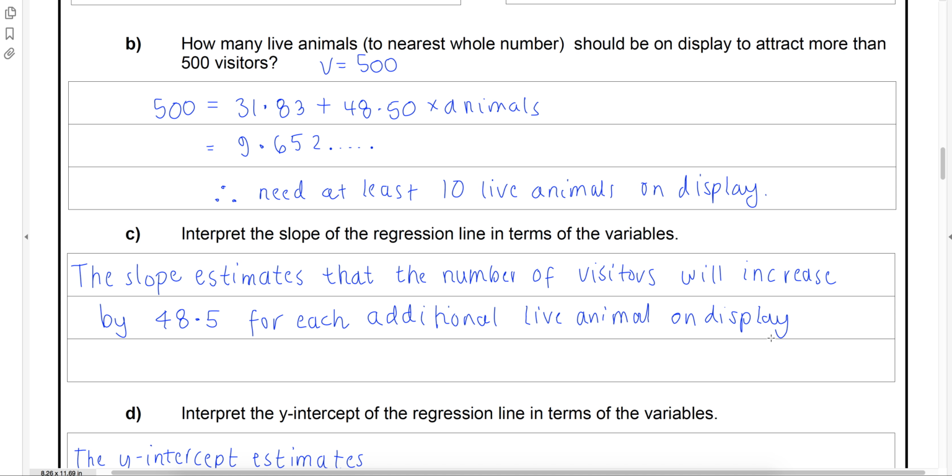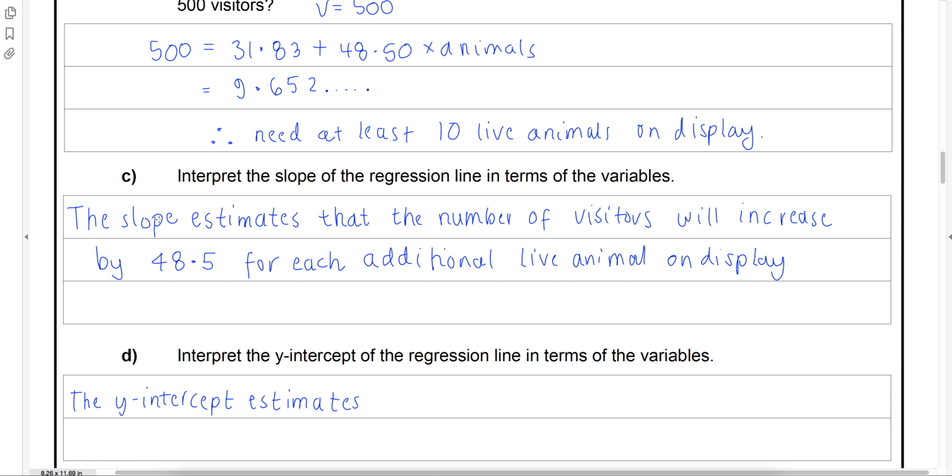So again, like we did before, it estimates the RV will increase or decrease, in this case increase, by whatever the slope amount is for each 1 unit, so that's 1 additional animal on display.